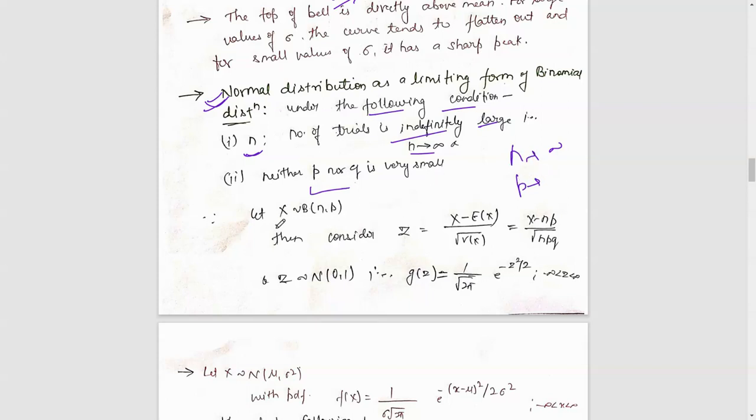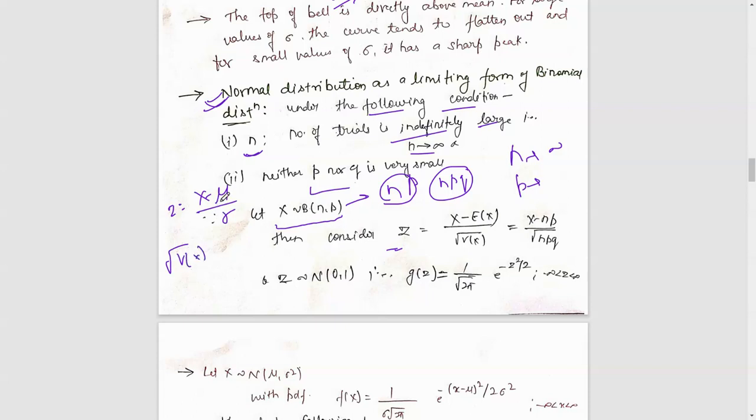So let's say X follows a binomial distribution (n, p). In that case its mean will be np and its variance will be npq. Now consider the random variable Z equal to X minus the expectation of X, upon the square root of the variance of X. That is, Z is equal to X minus mu upon sigma, where mu is the mean and sigma is the standard deviation, which is the root of the variance.